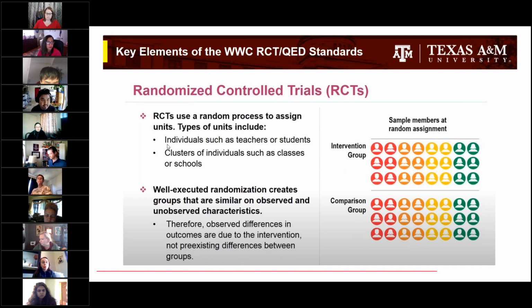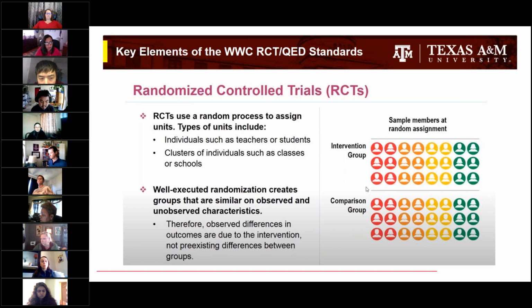So we can attribute the difference we find in the outcome to the intervention. Here, the participants were randomly assigned to treatment, the intervention group, and the comparison group. So these groups share similar observed and unobserved characteristics.